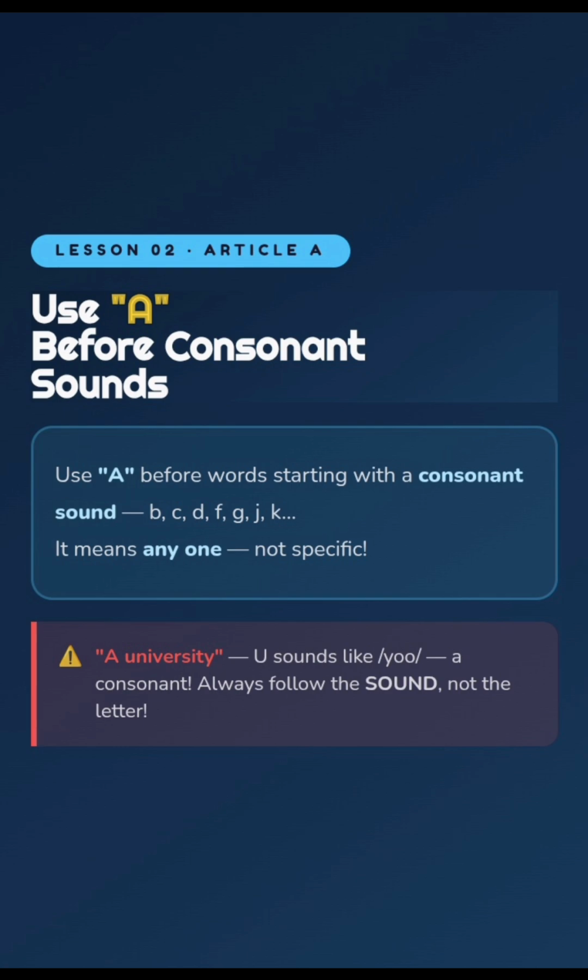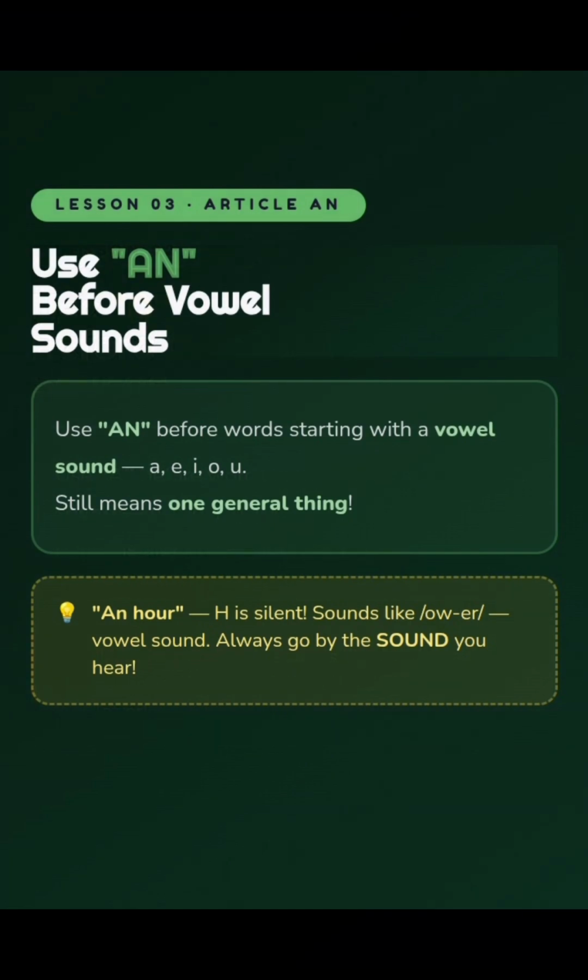Now here is a very important point. We say a university, not an university. Why? Because even though university starts with the letter U, the sound we hear is Y, which is a consonant sound. So always remember, it is the sound that matters, not the spelling.